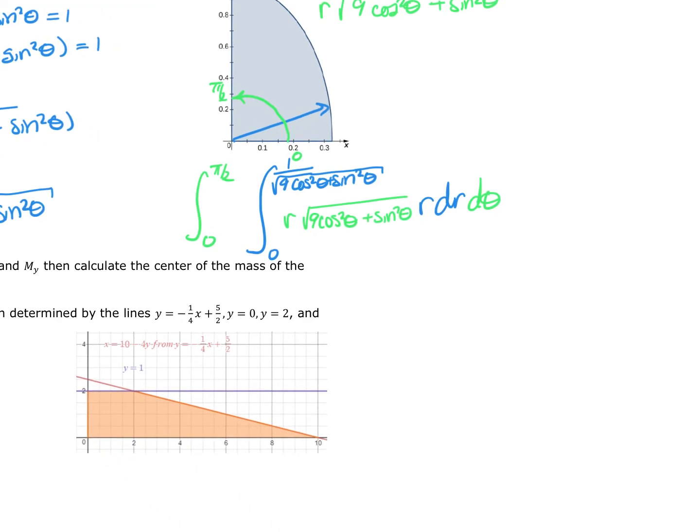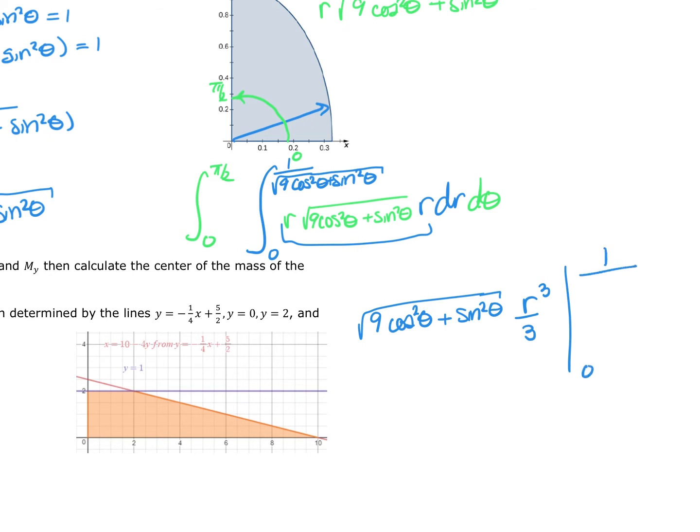Now, let's do this integration right here. Okay, so this is going to integrate this. It's going to be the square root of 9 cosine squared theta plus sine squared theta, r raised to the third divided by 3 from 0 to 1 over the square root of 9 cosine squared theta plus sine squared theta.